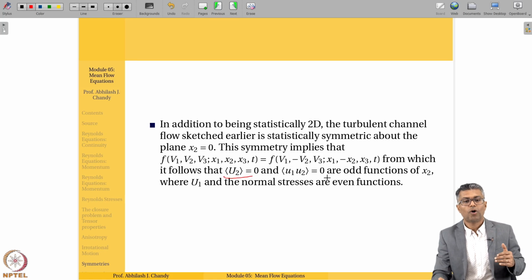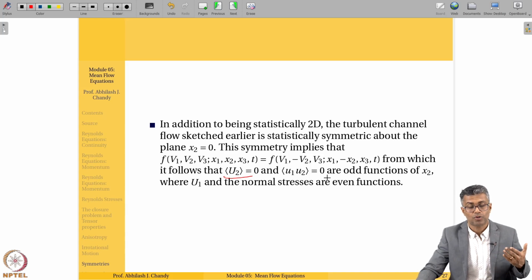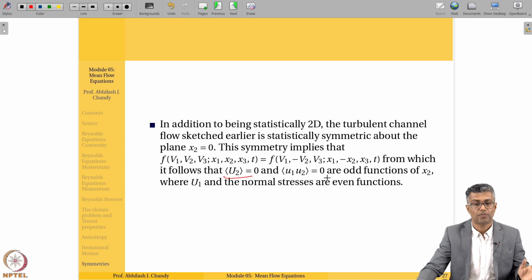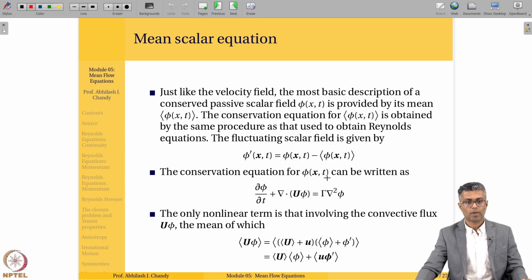So then all you have is u1 squared, u2 squared, and u3 squared. So this is what happens when you make significant assumptions, and because of this you're utilizing the symmetry of the stress tensor. So that's one point.